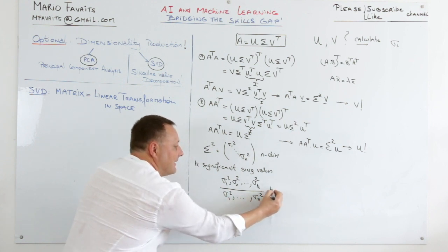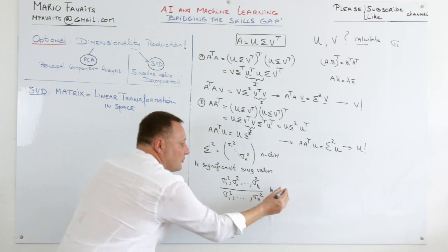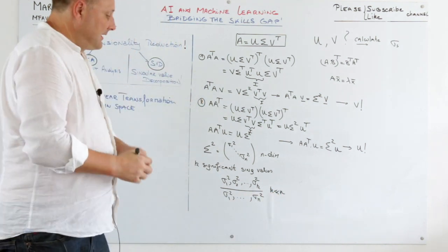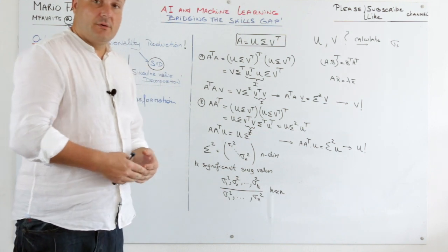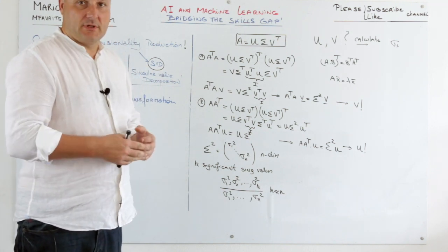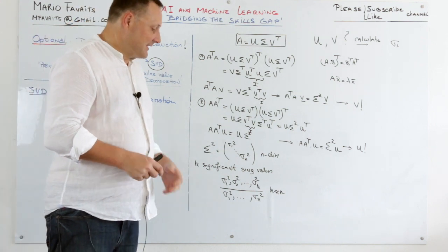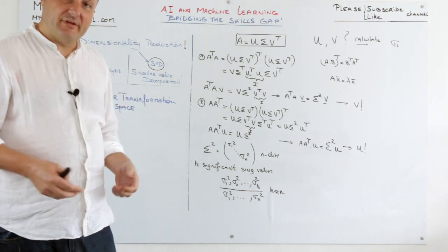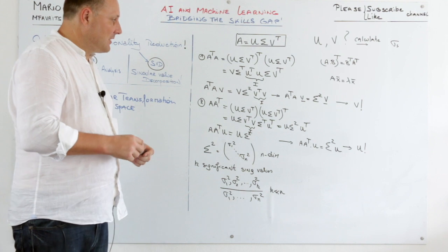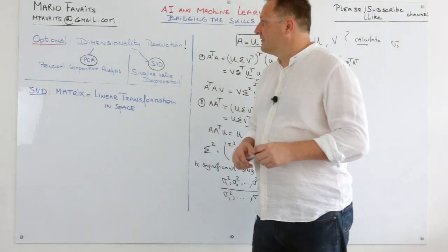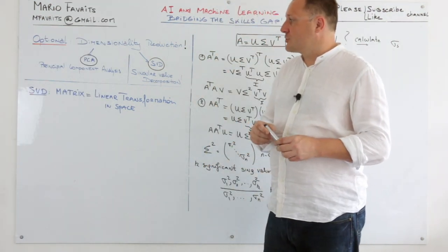And k is of course much smaller than n. And this we want to keep as high as possible. We want to retain as much variance as possible, so we want to keep this at 99%, 95%. Okay, that was it for dimensionality reduction.